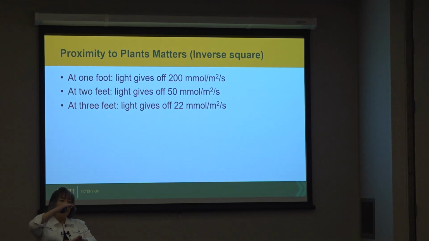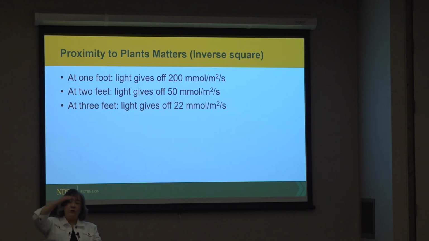You also need to think about where you're placing that light in relation to your plants. So the further away you are, the less light there is. In fact, there's a term for that, and it's called the inverse square. So let's just assume that you've got a fairly intense light over your plants. At the 1 foot level, it's giving off 200 micromoles.